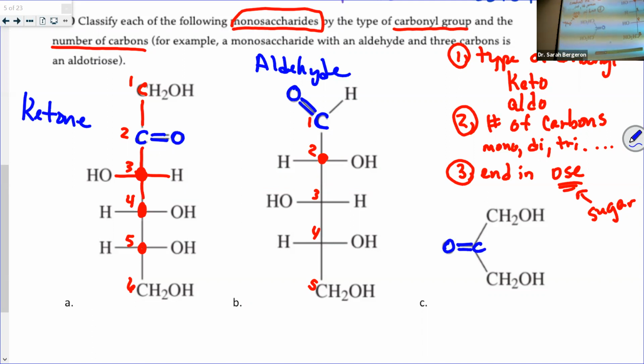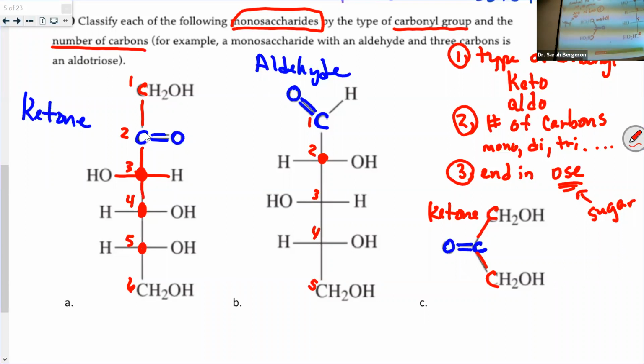You got to know that that's a carbon right there, where I have that intersection. It's not chiral, but it's still a carbon. So how many groups are attached to that carbon? 2. I have 1 here, and I have 1 here. So do I have a ketone or an aldehyde? Ketone. Now, how many carbons do I have? 3.